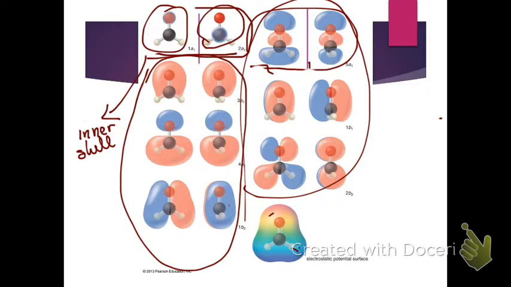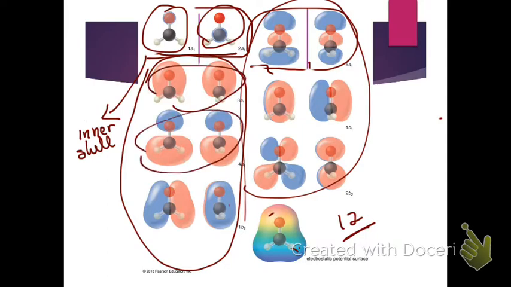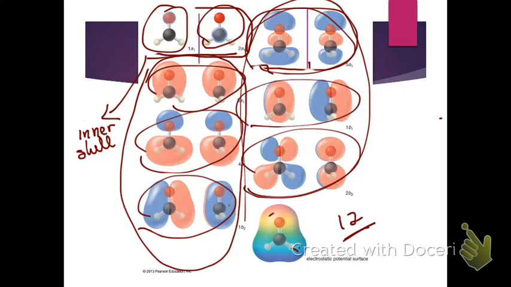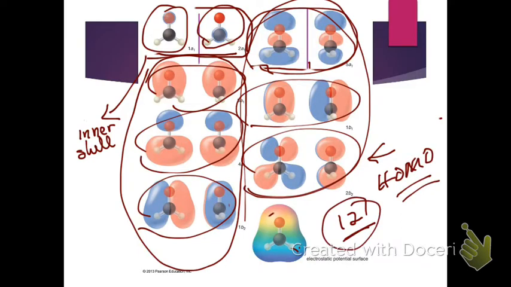Remember on the previous slide we said there were 12 valence electrons in this molecule, and what that means is that we've got 1, 2, 3, 4, 5, 6, so 2 electrons here, 2 electrons here, 2 electrons here, 2, 2, and 2. So this is our HOMO, the highest occupied molecular orbital that we'd have with our 12 electron valence shell.